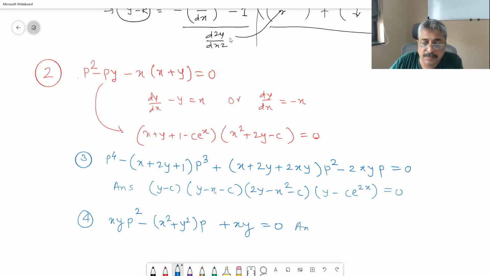Answer for this is x square minus y square minus c into x minus cy is equal to 0.